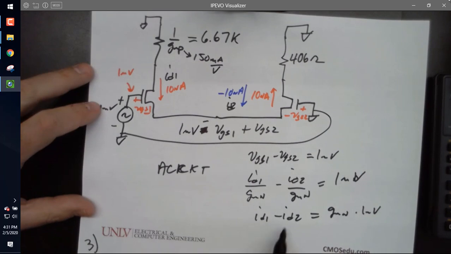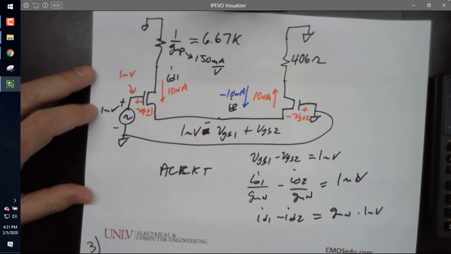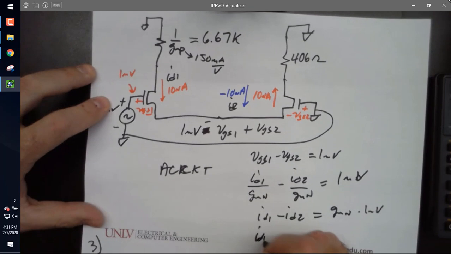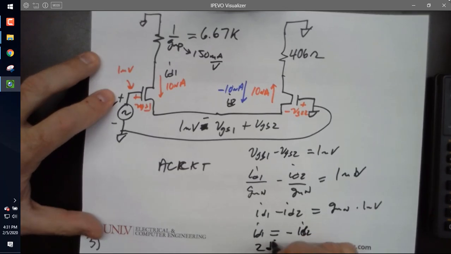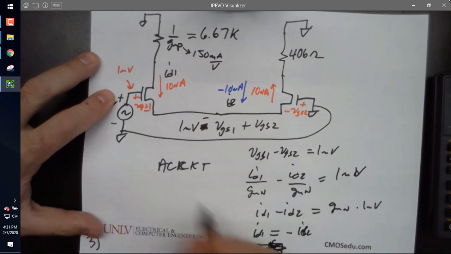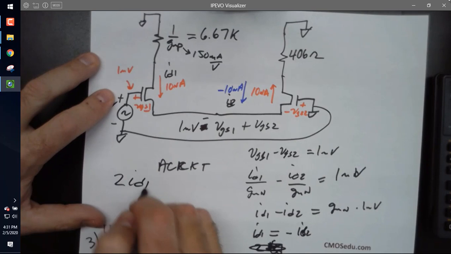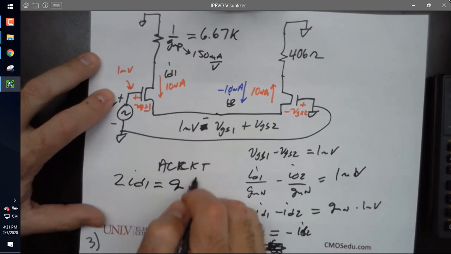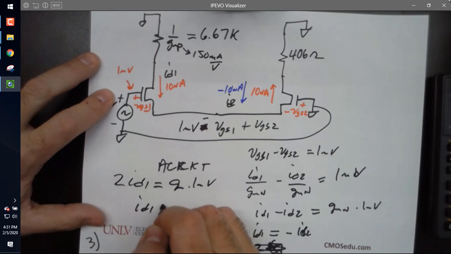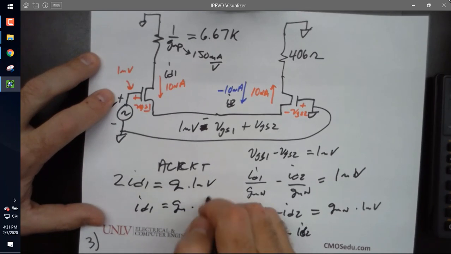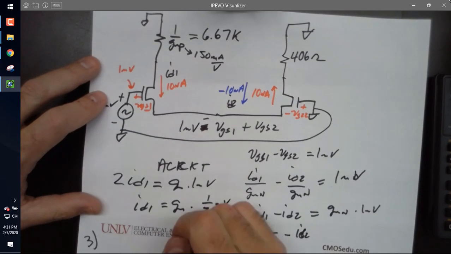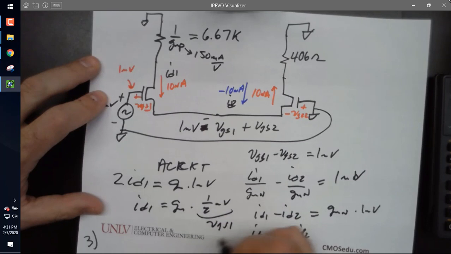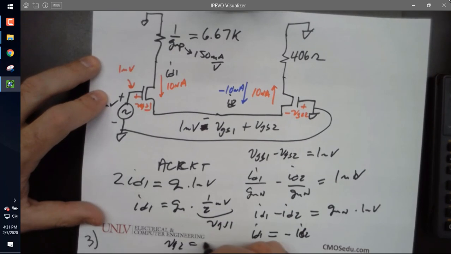But these are equal and opposite, right? And so ID1 is equal to minus ID2. So that means 2 ID1 equals GM times 1 millivolt, or ID1 equals GM times 1/2 millivolt. Now because of this, this is VGS1, and then VGS2 equals minus 1/2 millivolt.